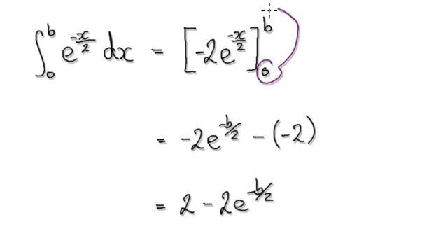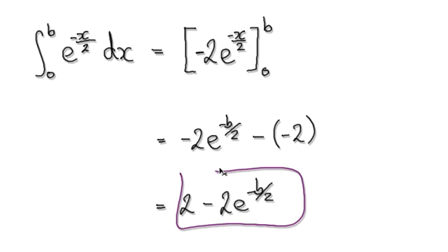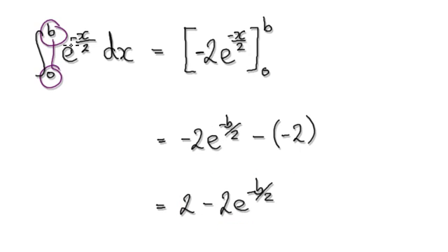If you put 0 into here, this whole thing would be 0, and then this whole thing would be 1, this will be -2. So that would then be this. Now tidy this up, and it will give you this. Don't forget, this is from 0 to B.